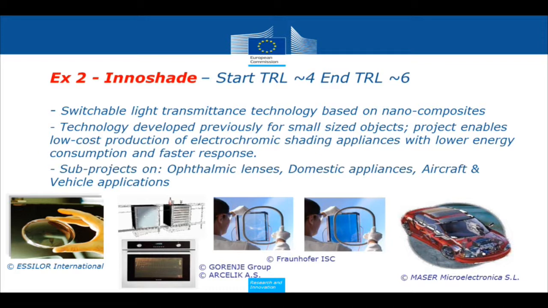The next one has come from nanotechnology, and it is about a material whose transmittance can be changed. Both of these were actually FP7 projects, but obviously we are funding similar projects under Horizon, and we are continuing the work.